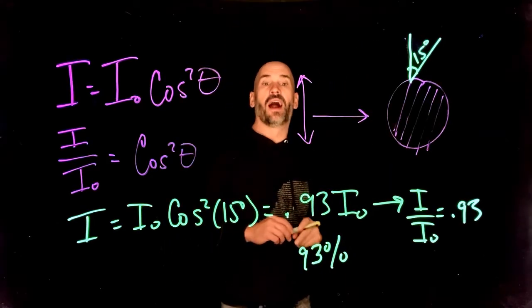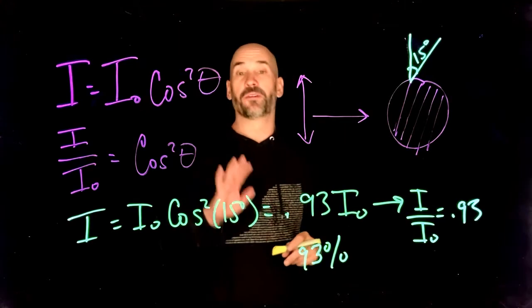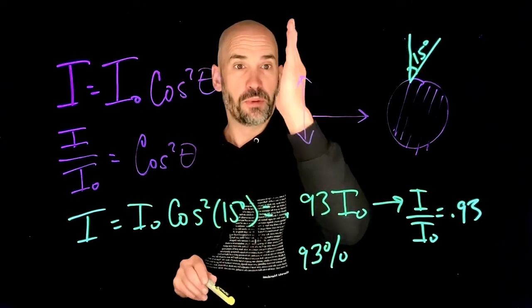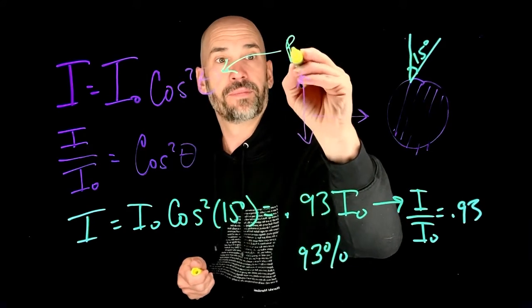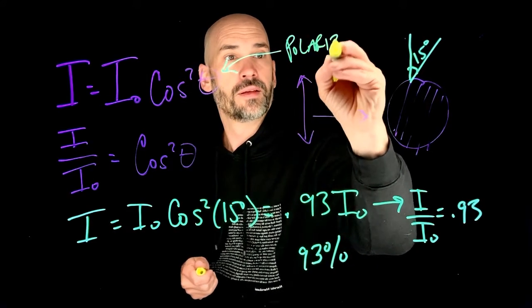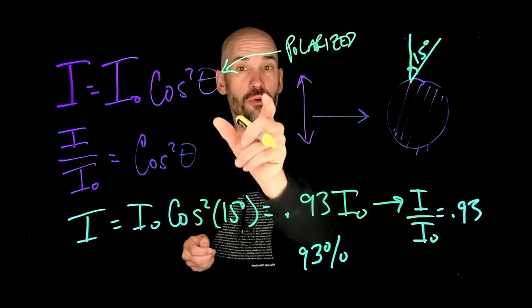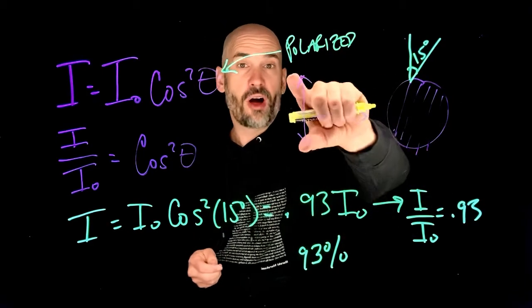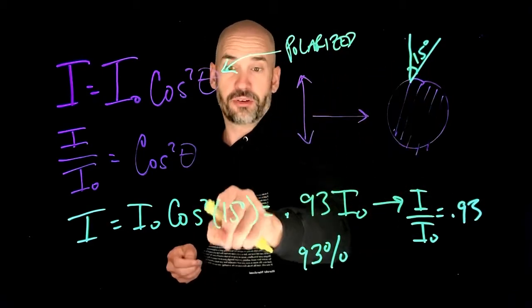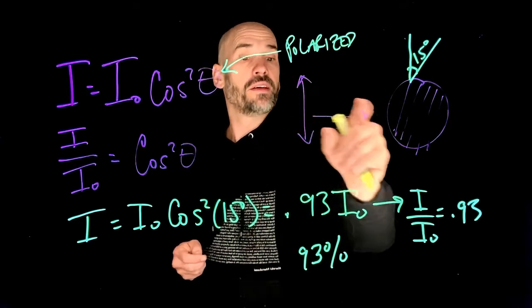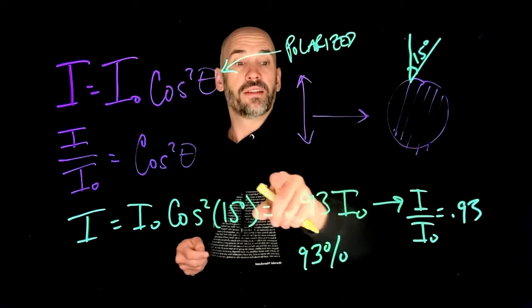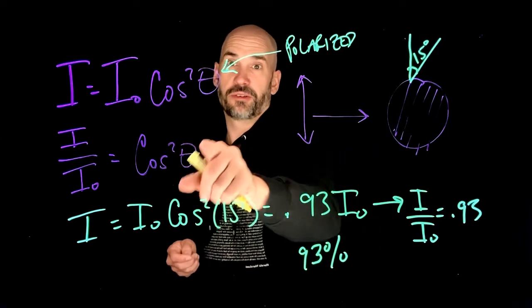All right? That's a lot of big words for a very simple concept. If you put polarized light, once again, this equation is only for already polarized light, through another polarizer that's offset by some amount of degrees from the original axis, then the amount of light that remains is cosine squared theta.